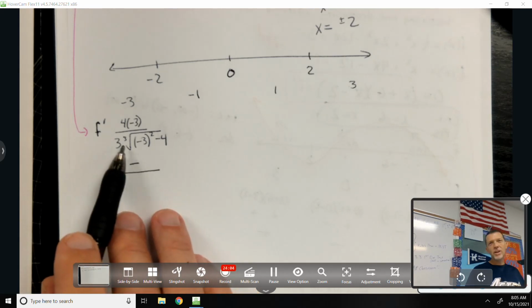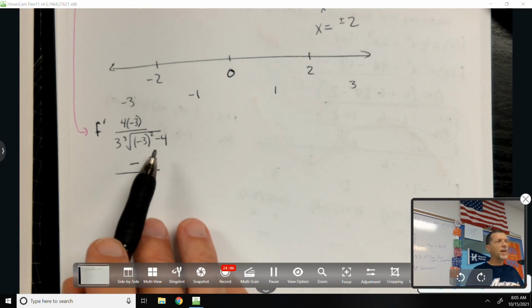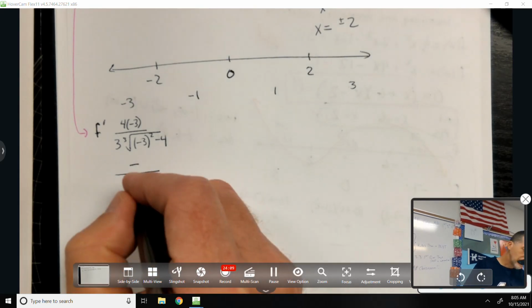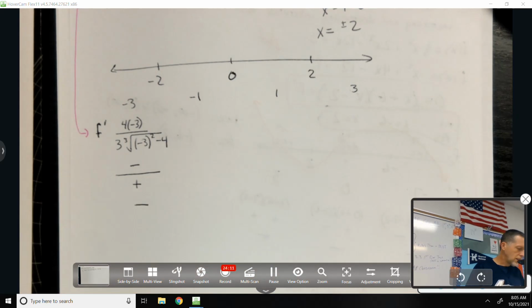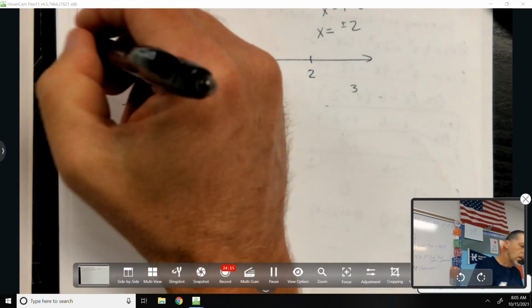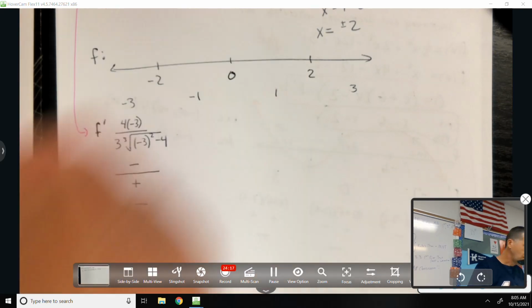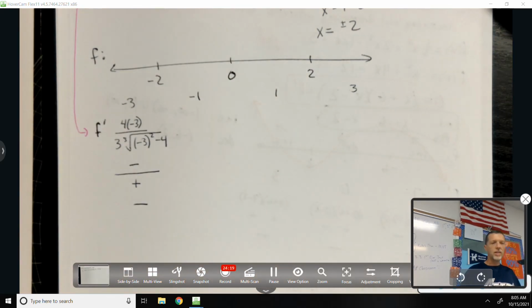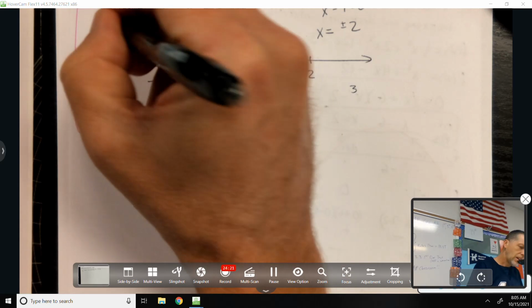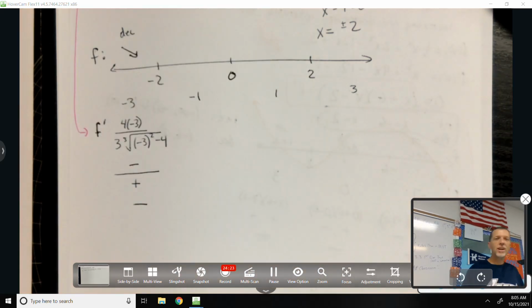I have no idea what the cube root of 5 is, except that it's positive. So f prime is negative. What does that tell me about f? It's decreasing. I said I was going to write it and do the arrow. I think I prefer the arrow because it visually shows me what's going on with the function.